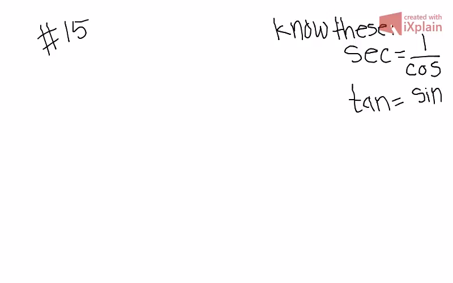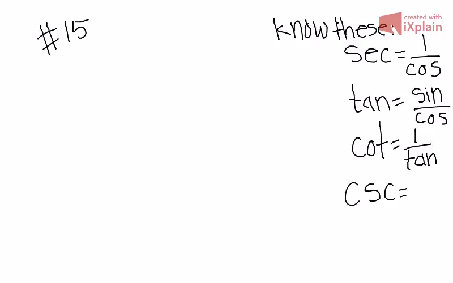Tangent is the same thing as sine over cosine. Okay. Then we have cotangent, which is the same thing as 1 over tangent. And then we have cosecant, which is the same thing as 1 over sine. Okay. So we use all of these things to solve the rest of these, right?